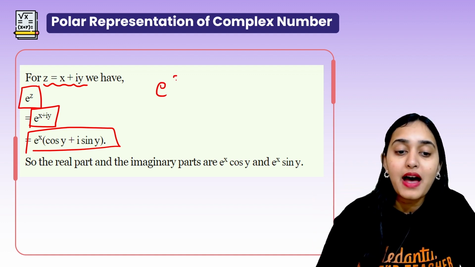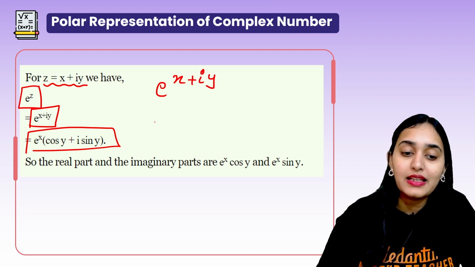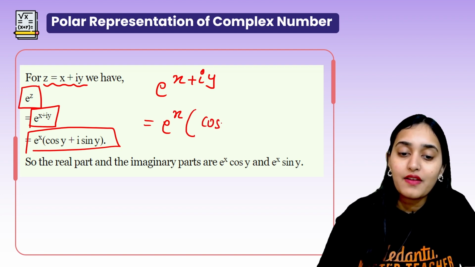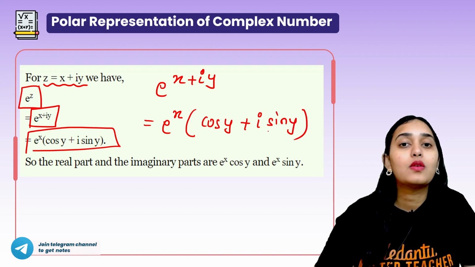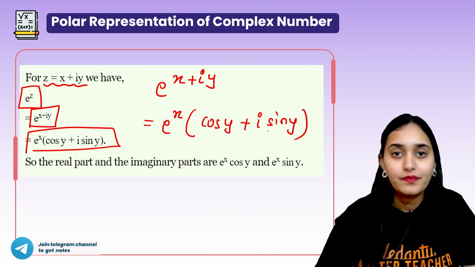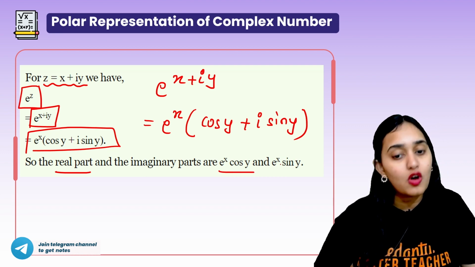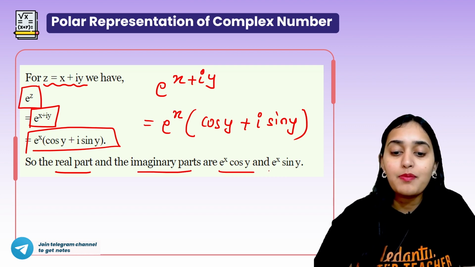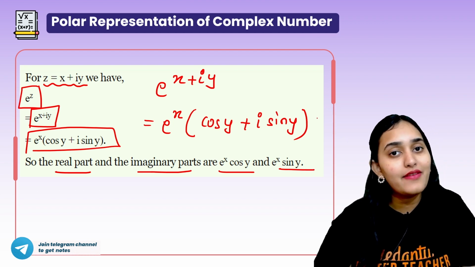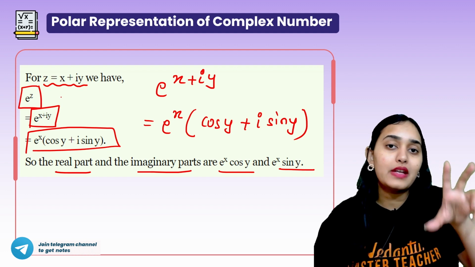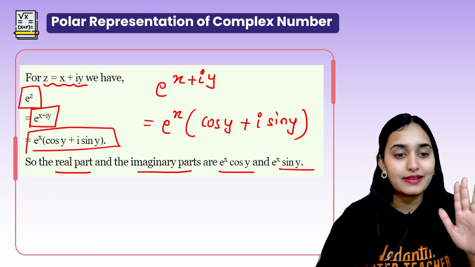So e to the power x plus iy, if you have any complex number like this, you can write it as e to the power x into cos y plus i sin y. Remember? So here the real part will be e to the power x cos y and the imaginary part will be e to the power x sin y. Okay? So in complex numbers we can represent it in the power of e like this.